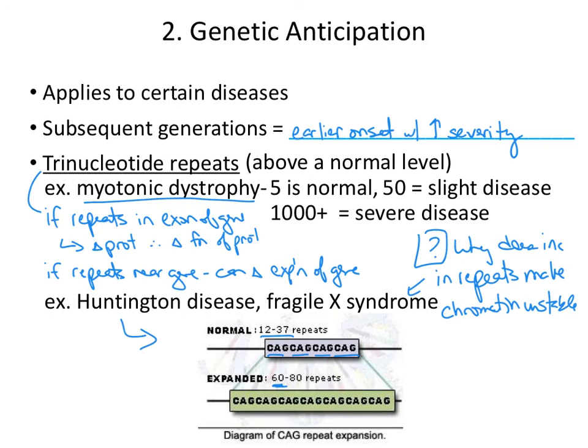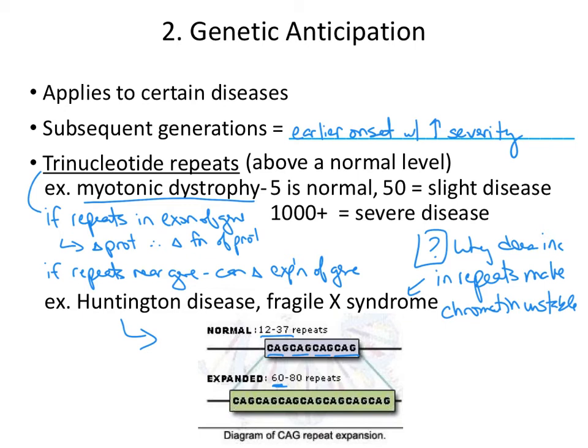Or both of these, this is how this actually happens. It's actually an issue with replication of the DNA and DNA repair. So the more repeats there are, it's almost like if you had to write the word 1 100 times, and then you had to copy it again on the next page, it'd be easy not to write the exact same number of ones.